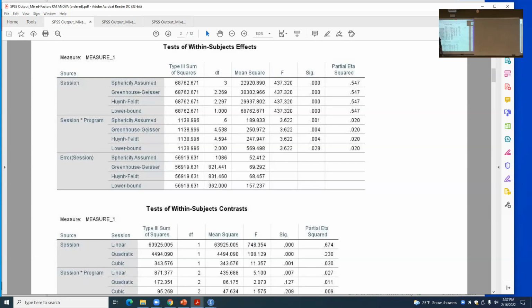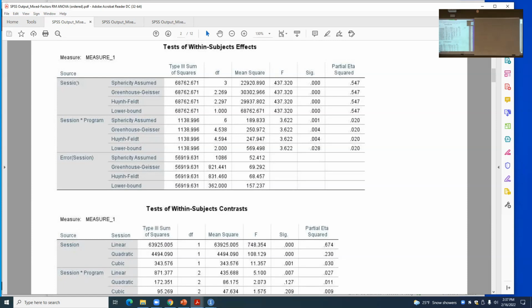My F is close to 440. That's huge. My partial eta squared is 0.55. It's massive. So we have very, very clear evidence that, ignoring treatment group, we're seeing changes in our depression scores across our repeated assessments.